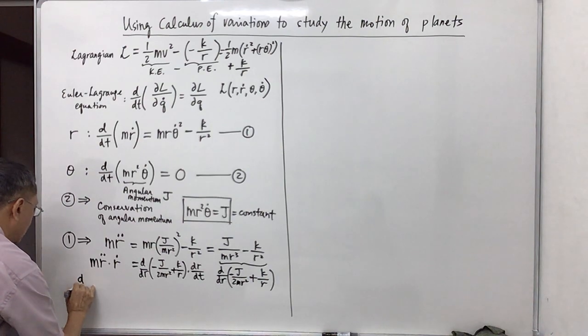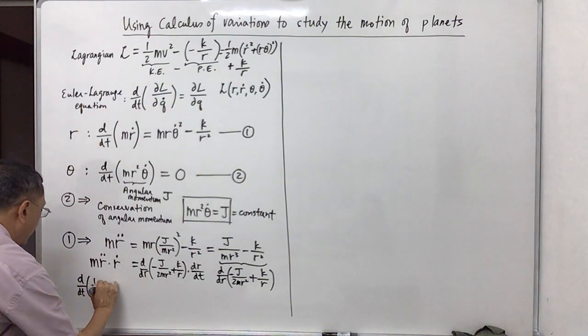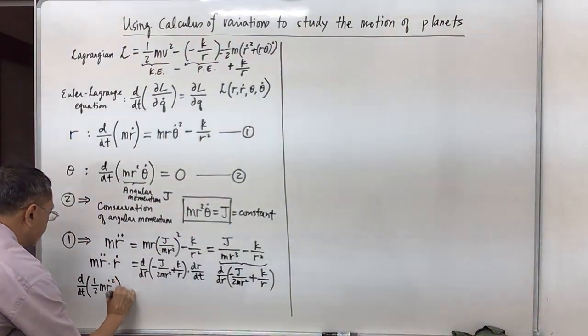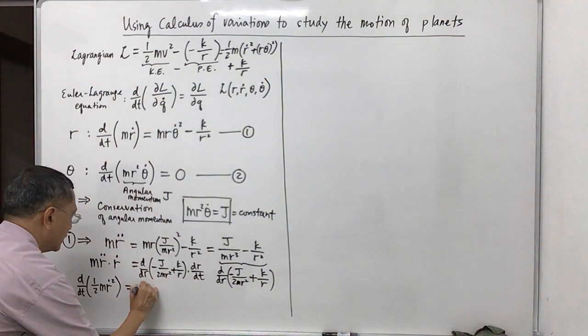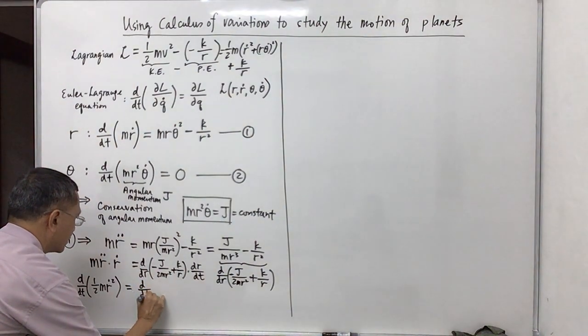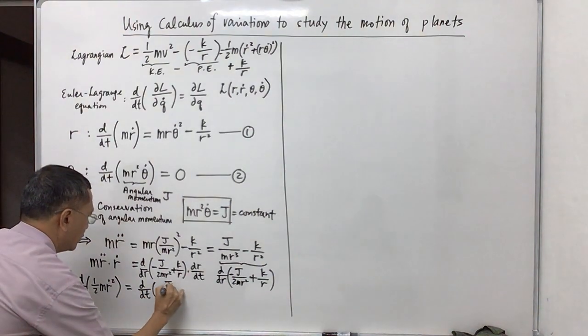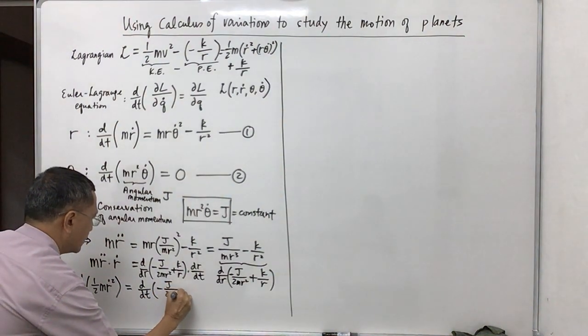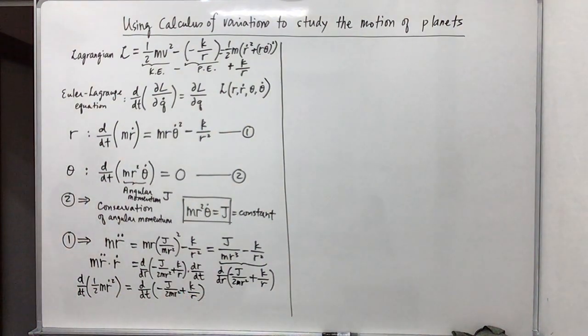This is actually the derivative with respect to time of half m r dot squared. So on both sides, therefore, I can write it as the derivative with respect to time of negative j over 2 m r squared plus k over r, that's my right hand side, and on my left hand side it will be the derivative with respect to time of half m r dot squared.